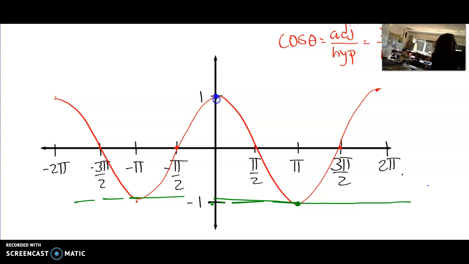So remember, your calculator is going to restrict the answers for cosine between 0 and pi. For sine, it's between -pi/2 and pi/2 inclusive, and for tangent, it's -pi/2 to pi/2, not including pi/2 or -pi/2. So the only place where the cosine is equal to -1 is at pi.